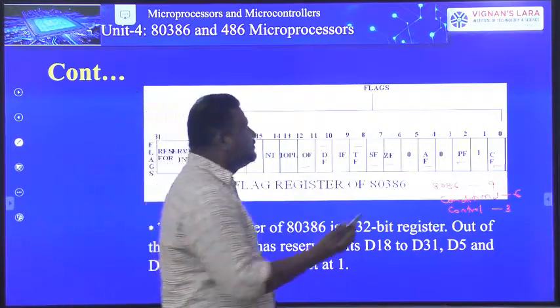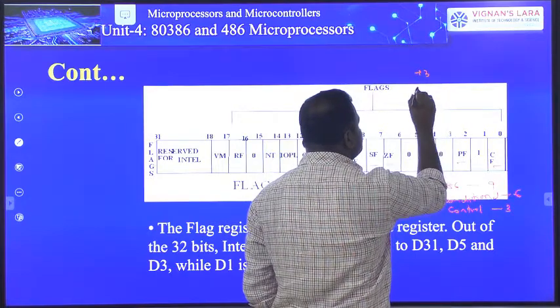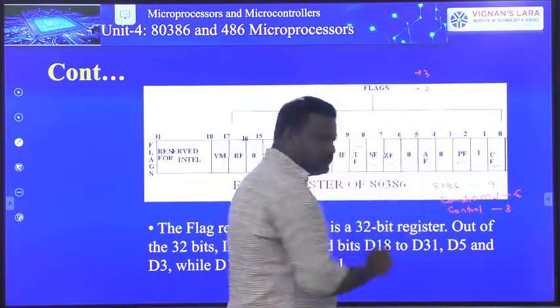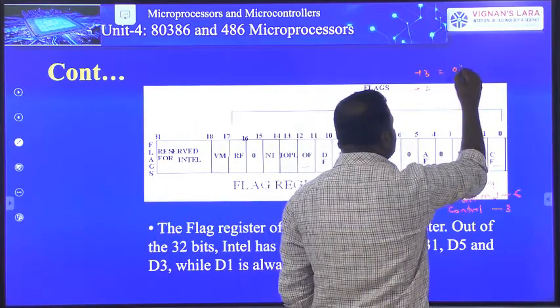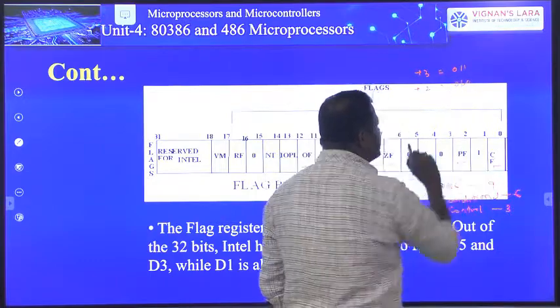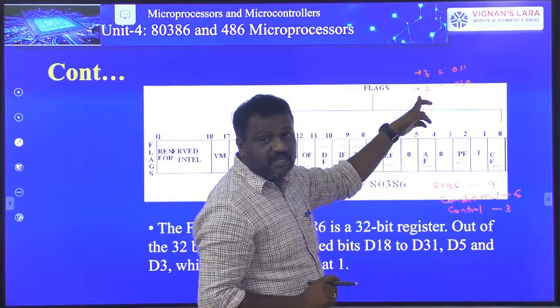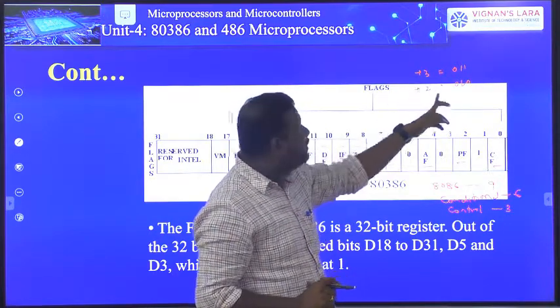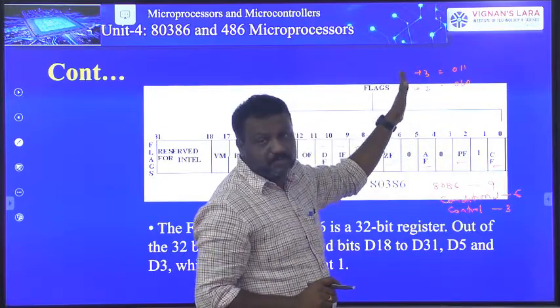I will give a small example, friends. For example, I would like to add 3 with 2. 3 is equivalent to 011 and 2 is equal to 010. If you observe, for these two numbers the most significant bit is 0, because both numbers have a positive sign.